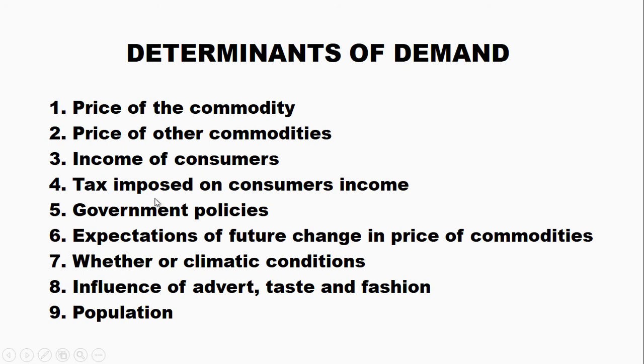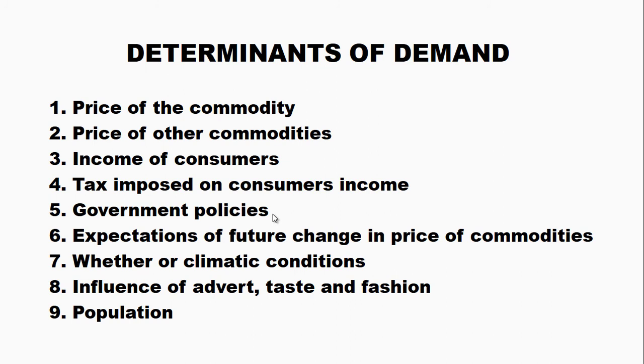Number five is government policies. Government policies influence quantity of goods demanded. As you can see, we are in the post-pandemic period. During the pandemic until date, consumers like us have bought so many sanitizers. We are still buying nose masks so as to protect ourselves from the deadly virus.